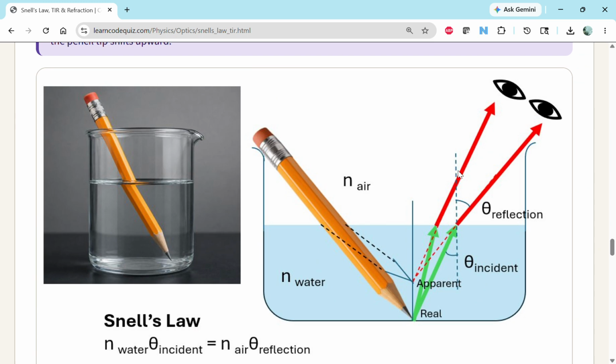But if you trace back these lines, you'll see that the image point has shifted. So the apparent image that you see looks like it is slightly up, and there's a bending, and the reason is basically the refraction of light.